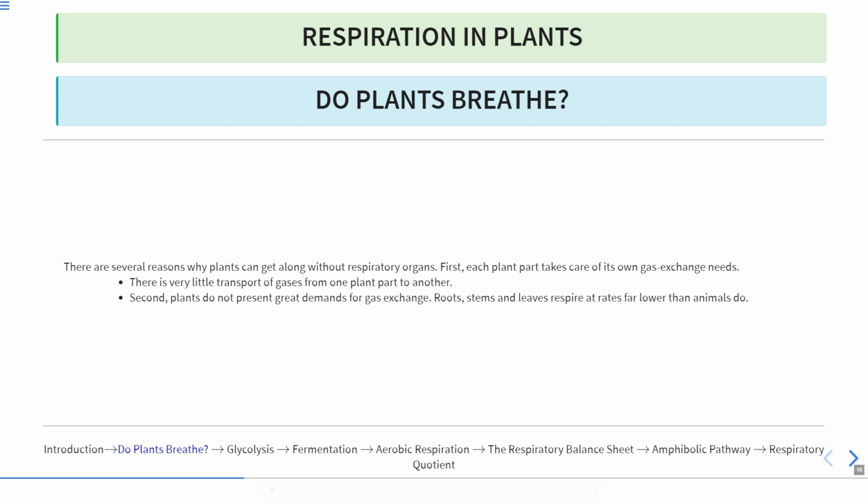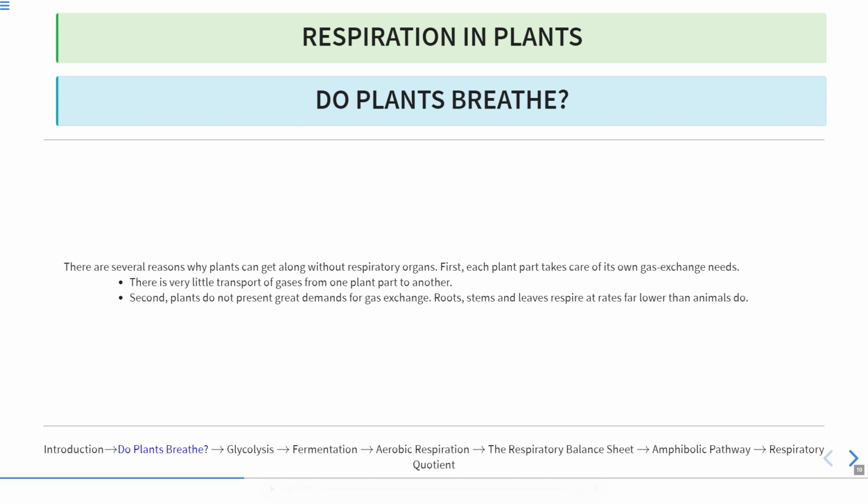Second, plants do not present a great demand for gaseous exchange. This is also very important. Roots, stem, and leaves respire at a rate far lower than animals do. The rate of respiration is not as high as we see in animals, which are continuously breathing.